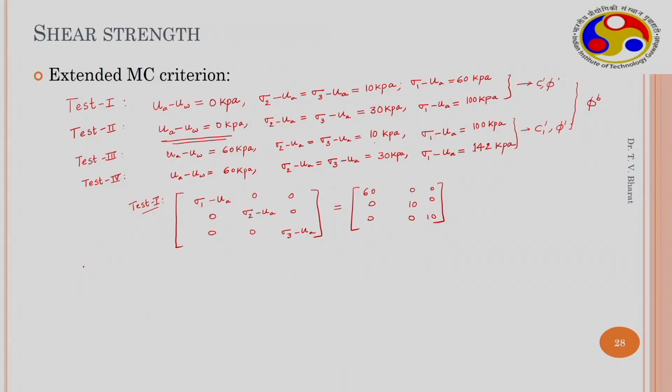Now the extended M-C criterion given by Fredlund et al. is sigma 1 minus UA equals sigma 3 minus UA times tan square of 45 plus phi dash by 2, plus 2c1 dash tan of 45 plus phi dash by 2.